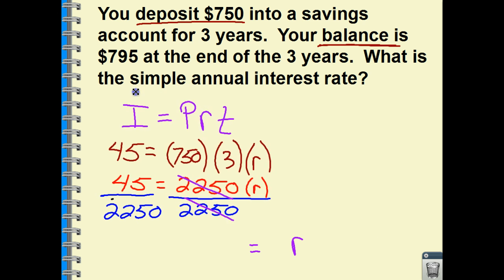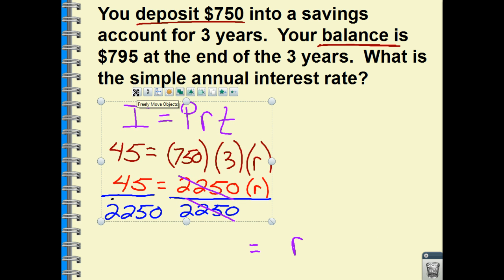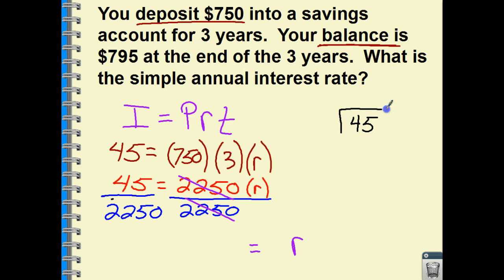Let's drag this over here. All right. So we have 45 divided by 2250. Well, 2250 can't go into 4, and it cannot go into 5. So we've run out of numbers, so we can add a decimal, bring it up.